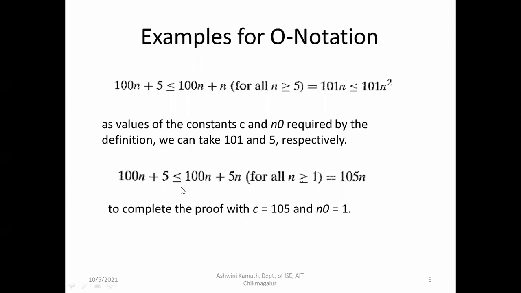And if the initial value of n naught is 1, then for any other value greater than n naught, for example 2, 3, 5, it must be true for that also. The left hand side function must grow slower for all values above n naught. So that is big O notation.